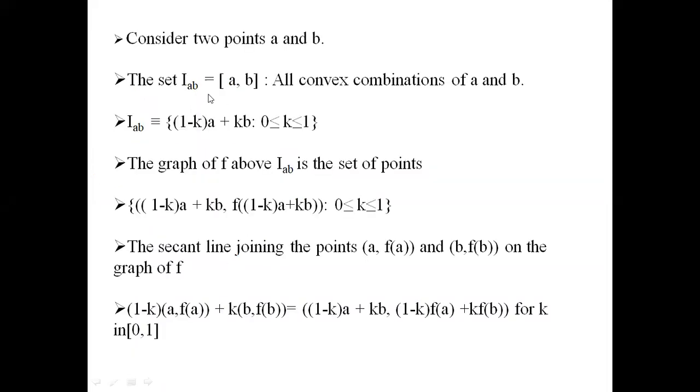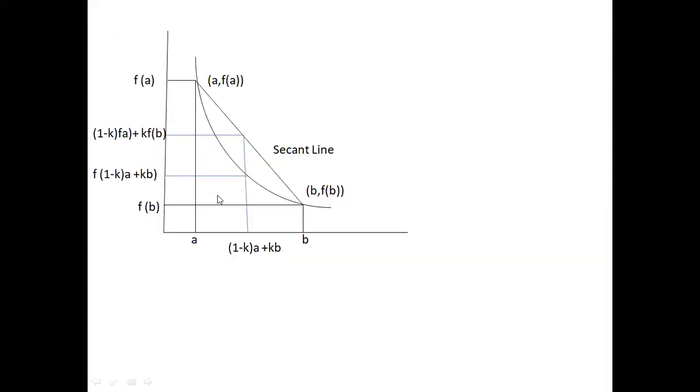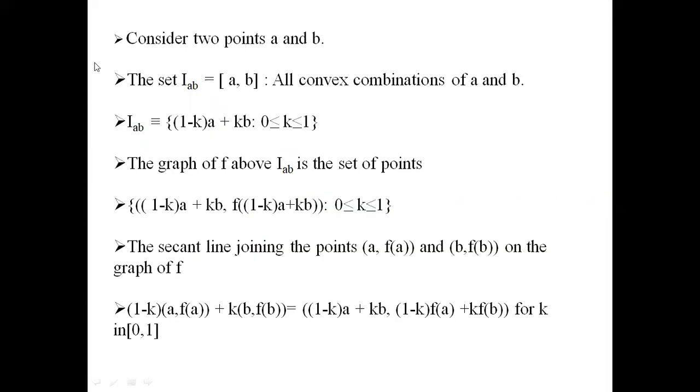So we are considering the set I_AB, all convex combinations of this domain, that is A and B. We are considering two points, and from this to this there is a set of convex combinations in this domain, when we connect from A to B. So now we will go to the previous.